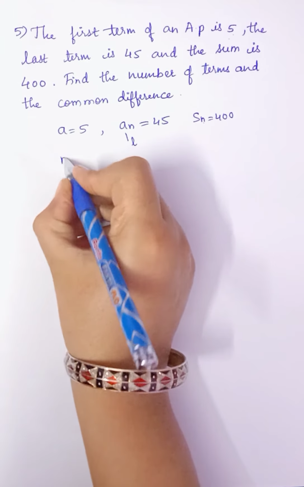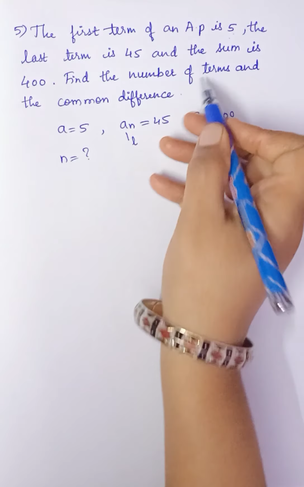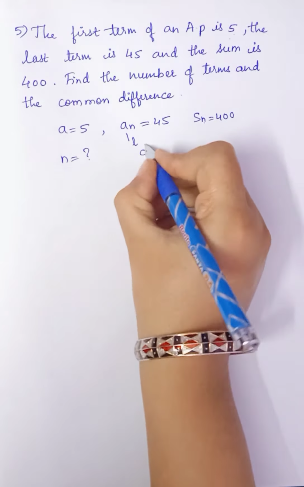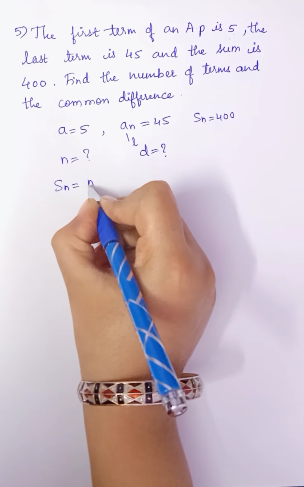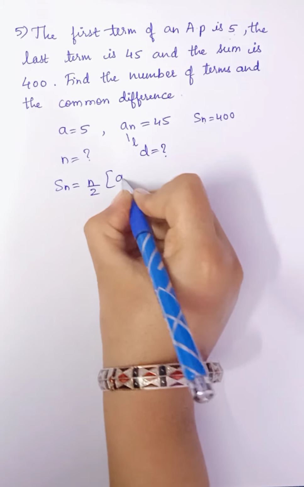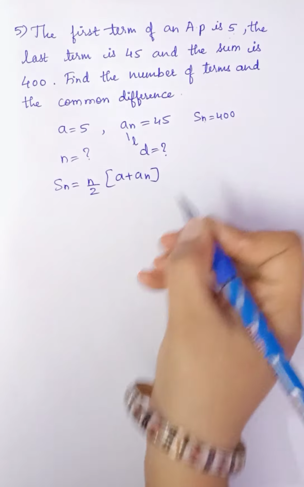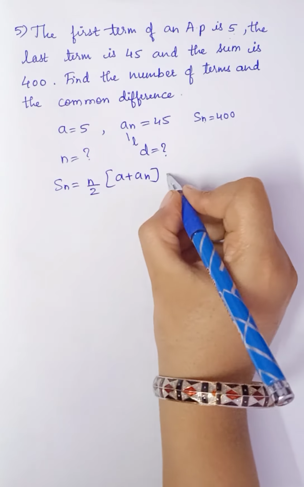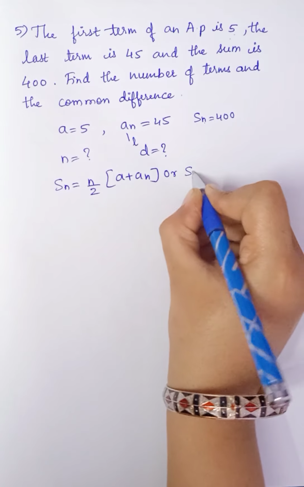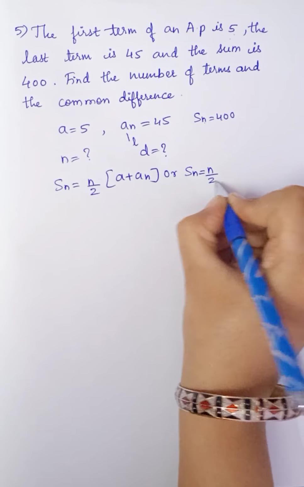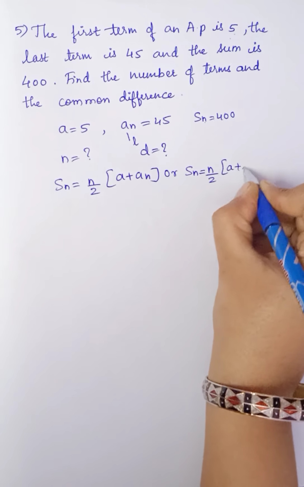Now n is not given, number of terms, we need to find number of terms and common difference d. So I am going to write the formula as Sn is equals to n by 2 (a plus an), or else even you can write it as Sn is equals to n by 2 (a plus l), because the last term is denoted by an and also as l.